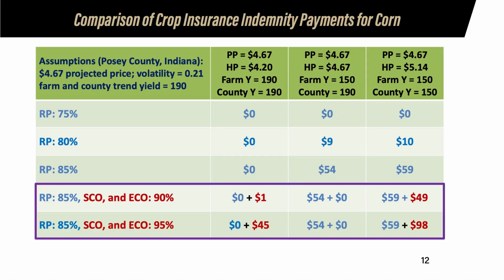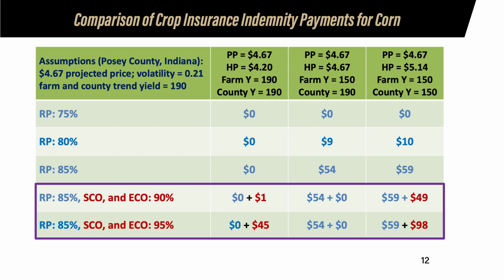I've actually illustrated that on a slide that we can talk about. I've got several scenarios I'm going to go through here rather quickly. The first scenario is a 10% drop in price and hitting trend yield. A 10% drop in price is not going to trigger any of the revenue protection products, so you get no additional dollars there.